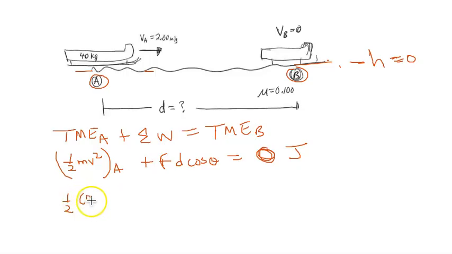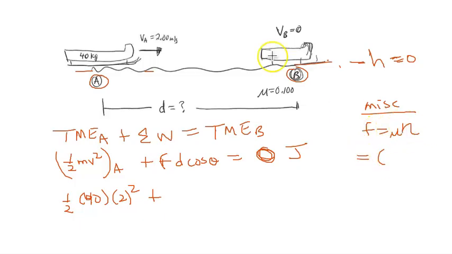So you have 1/2 times 40 times 2 squared plus friction. So let's go over to our miscellaneous and say friction equals mu N. Mu is 0.1. This is a boring problem. The original problem actually didn't have the mass in it, because the mass is going to cancel here.